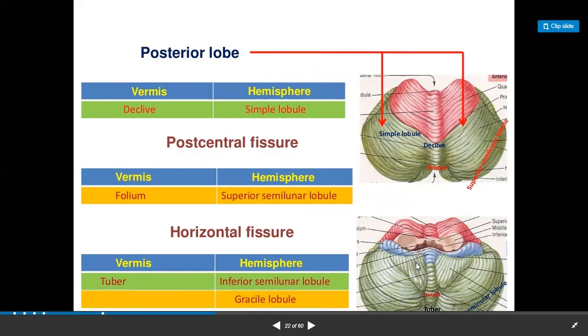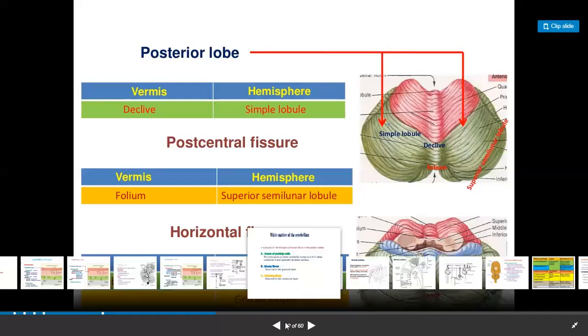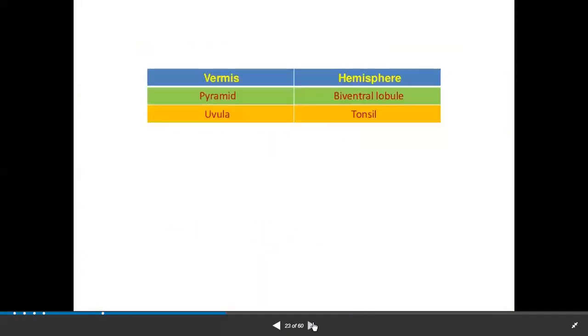Then see the horizontal fissure we have seen, right, which is actually dividing the whole of the cerebrum into superior and inferior surfaces, right? So if you see the continuation of the vermis, after folium we have tuber. So tuber is in communication with the inferior semilunar lobule, below which we have gracile lobule.